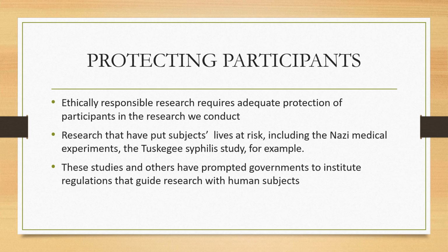Most everyone's familiar with abuses in the name of research that have put subjects' lives at risk. You remember the Nazi medical experiments and the Tuskegee syphilis study and other often egregious biomedical experiments. These studies and others have prompted governments to put in place regulations that guide research with human subjects.